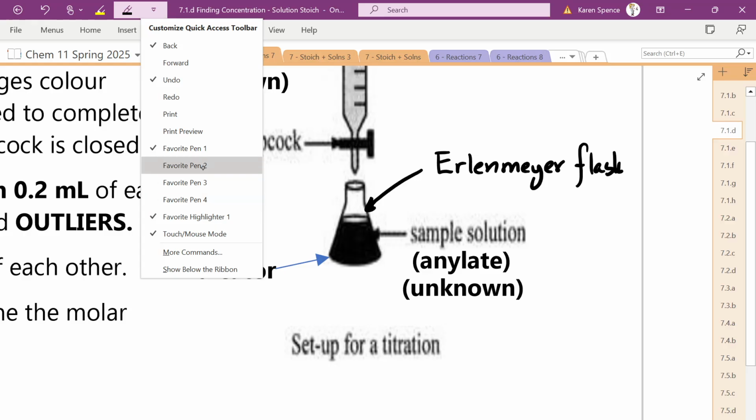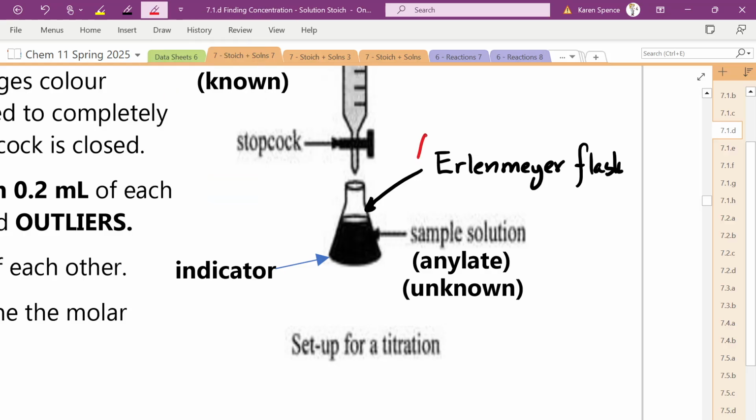Erlenmeyer flask. And you know what goes in the Erlenmeyer flask? That is your sample. That is your analyte. Let's fix that. Analyte. That is your unknown. Okay, so that's what you want to find out.